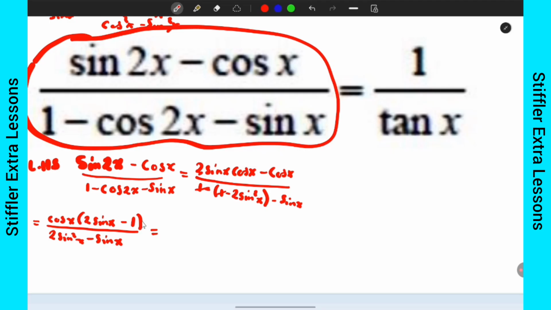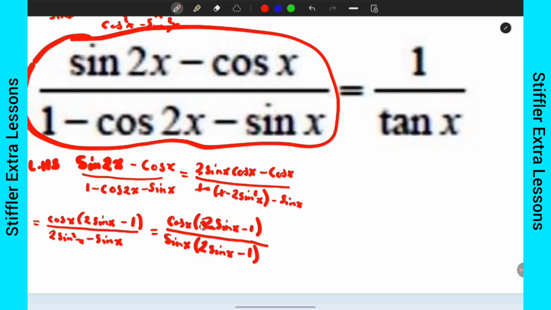And again, this will be cos x times 2 sine x minus 1, and the below part, we can factor out sine x, so it will be sine of x times 2 sine of x minus 1.